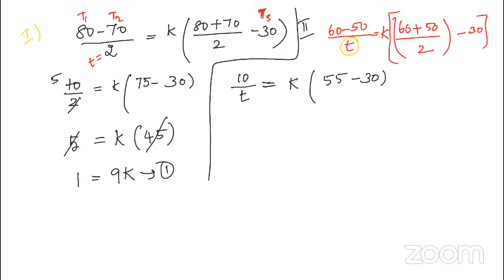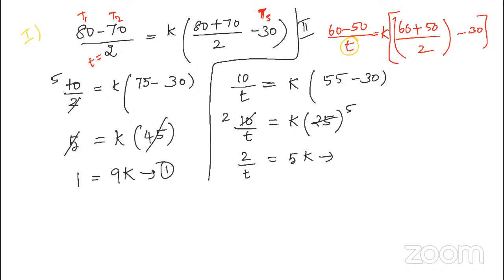So it is 10 by t is equal to K into 25. This is 2 times and this is 5 times. So 2 by t is equal to 5K.